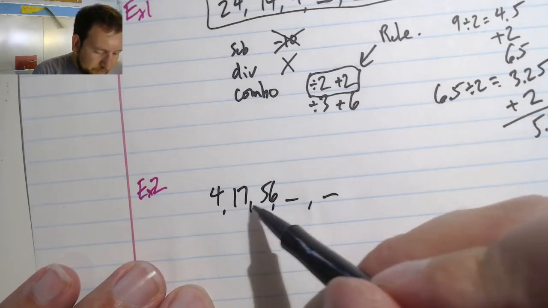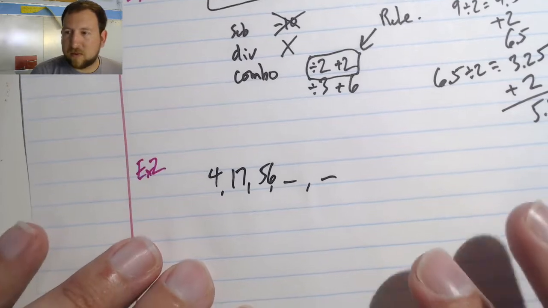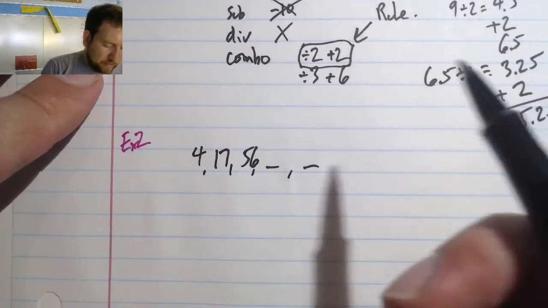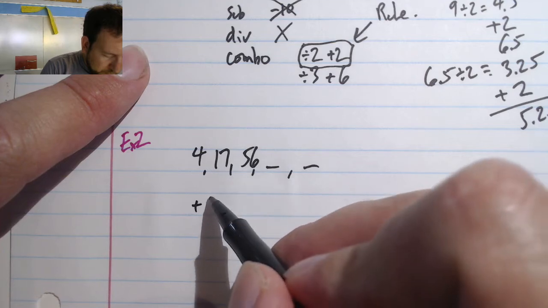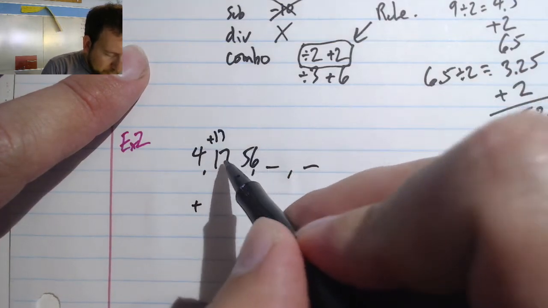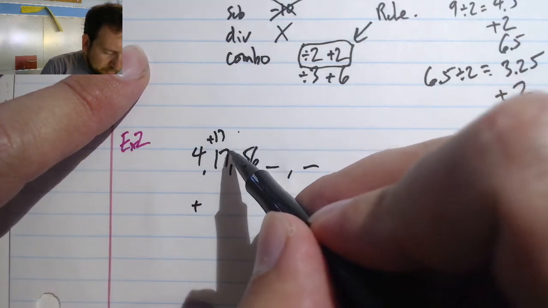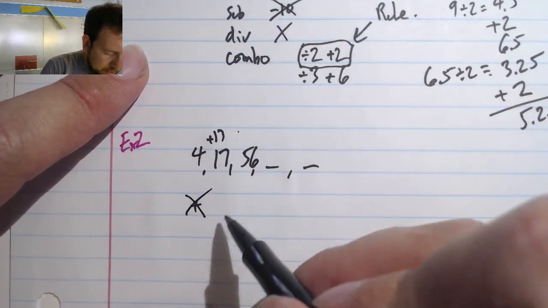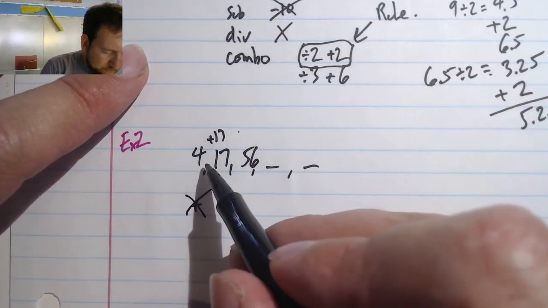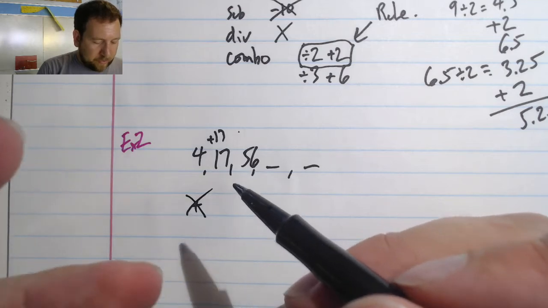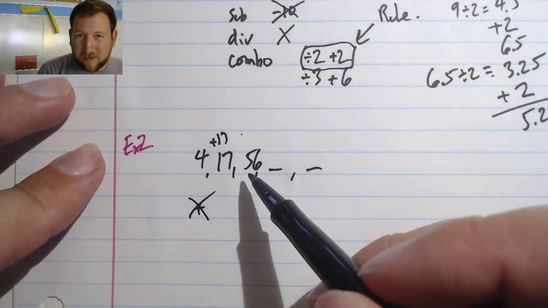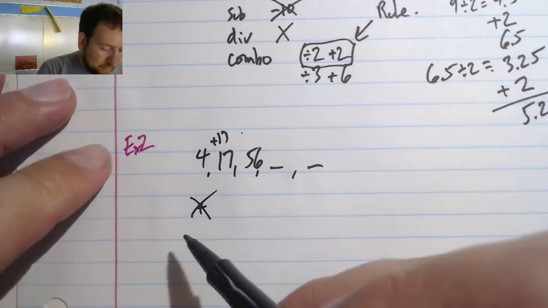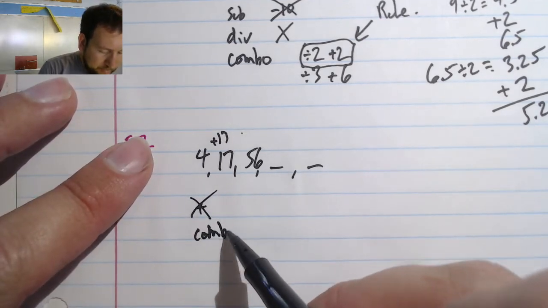Going up. It's not going to be a simple add or subtract, I would imagine, because an add would be plus 13 here, and another plus 13 would get me to 30, and that's definitely not it, so we're not adding. I'm not going to multiply 4, 8, 12, 16. It's going to be a little bit more than 4, and I would have a lot more decimals, so it's not going to be that. So it's definitely going to be a combo.